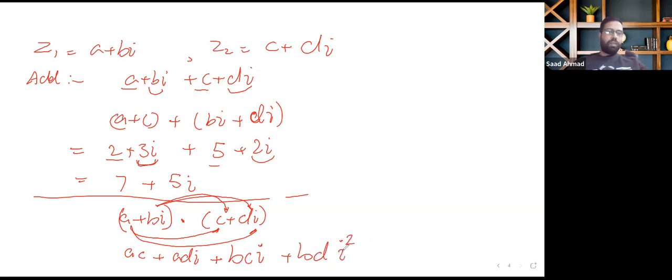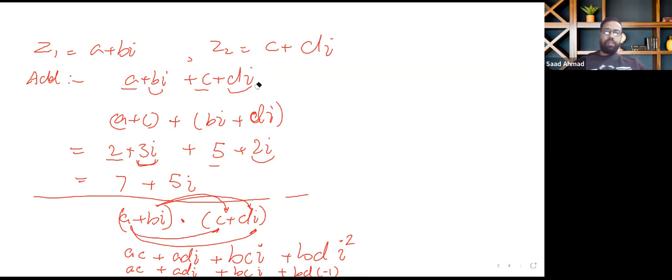And if you remember, the value of i squared is -1. So we will have ac plus adi plus bci, and this i squared is -1, so plus bd times -1.